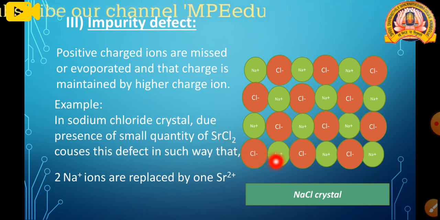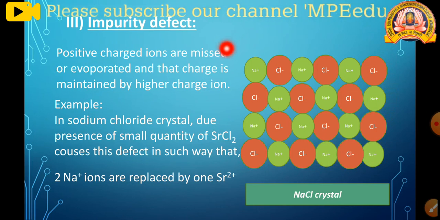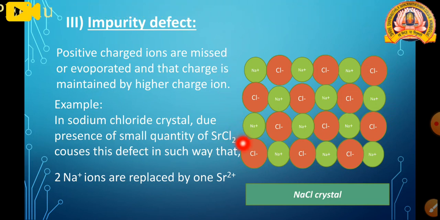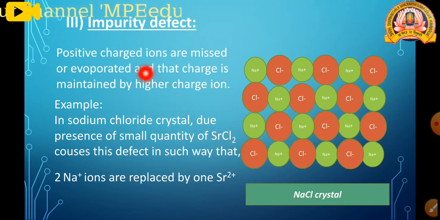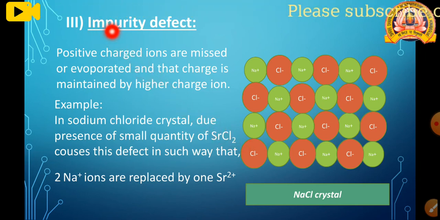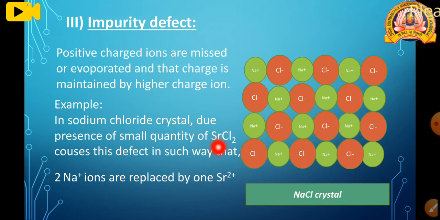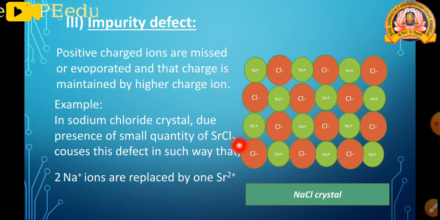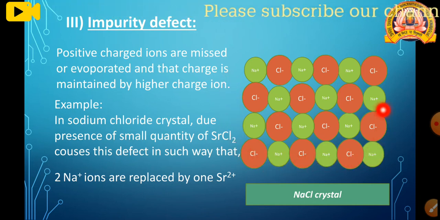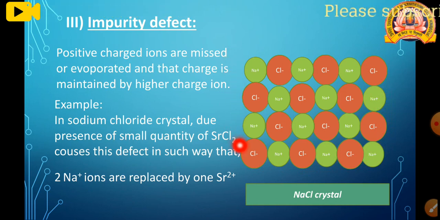So what are the things we discussed in the last slide? In the metal deficiency defect, a very important thing is that it is observed only in the case of metals that show multiple oxidation states.